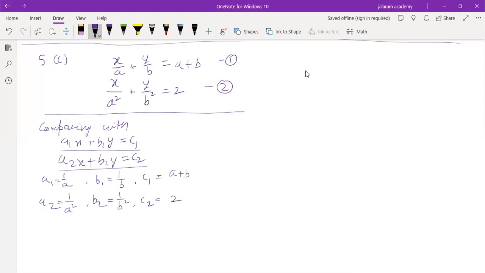Now, do you know the formula of cross multiplication? No, sir. Okay, so I am giving you a hint to give this formula.